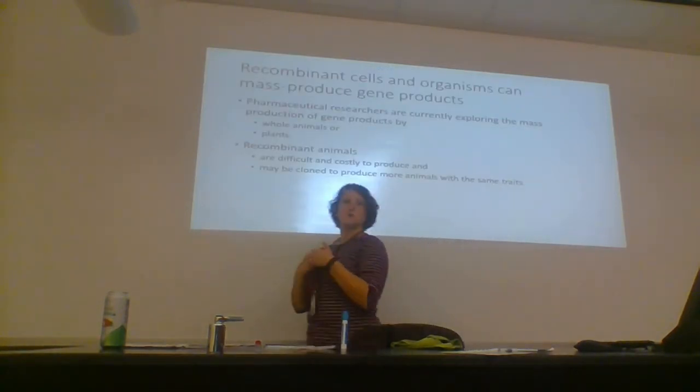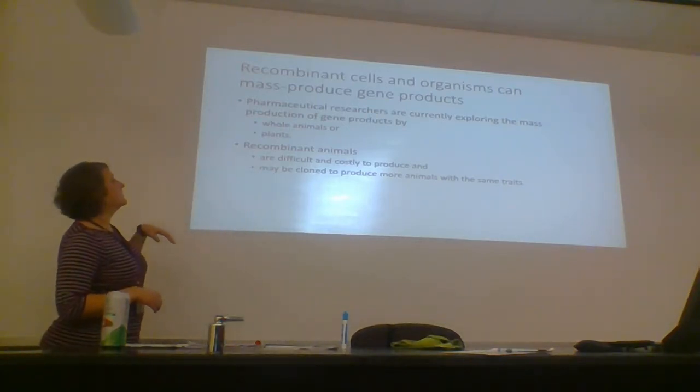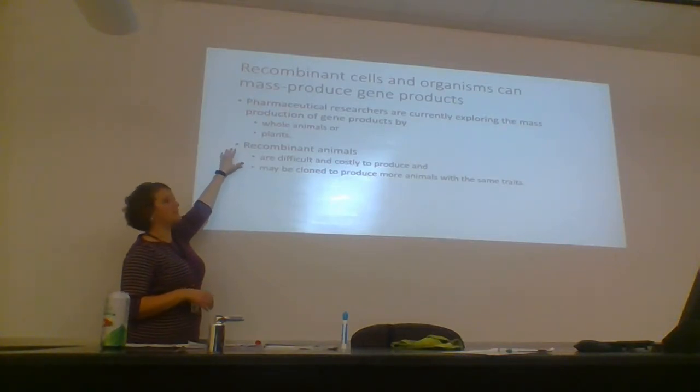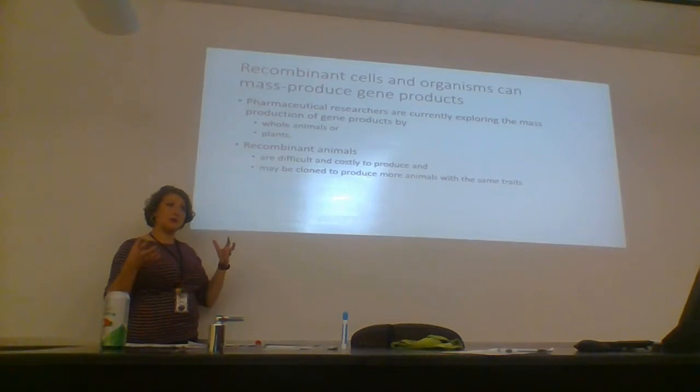So recombinant cells and organisms can mass produce gene products. So we're exploring mass production of gene products with whole animals and plants. One I know of is an example where they're trying to use goats to get insulin produced through the goat's milk.